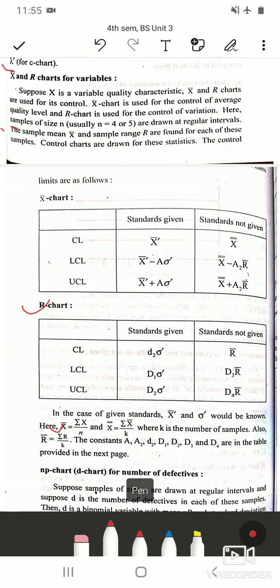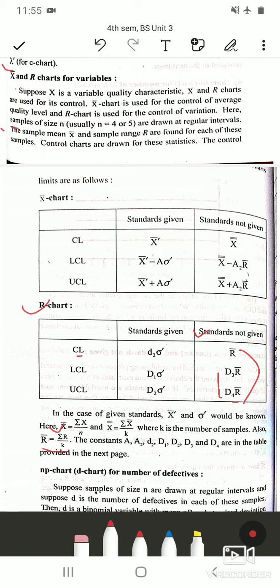They are constants and will be the same for all problems. When standards are not given, it is R bar for the central line, D3 into R bar for the lower control limit, and D4 into R bar for the upper control limit, where D3 and D4 are known and you have to calculate R bar. What is R bar?